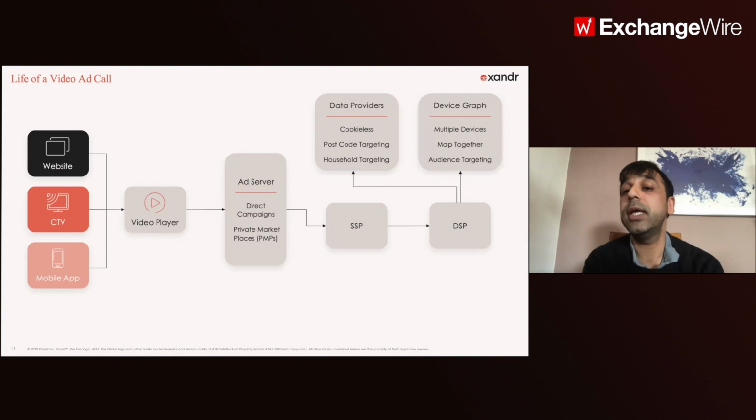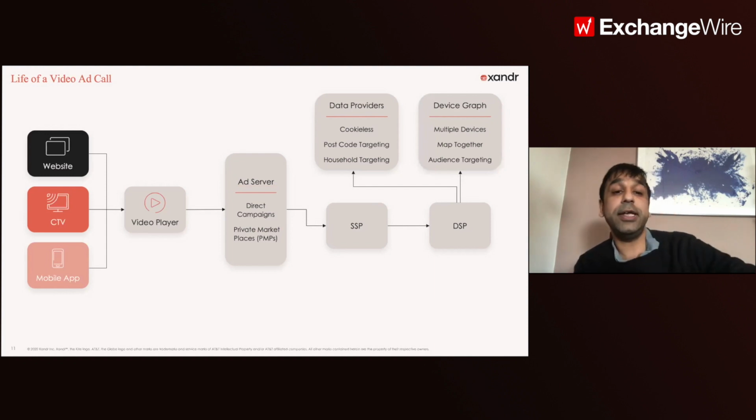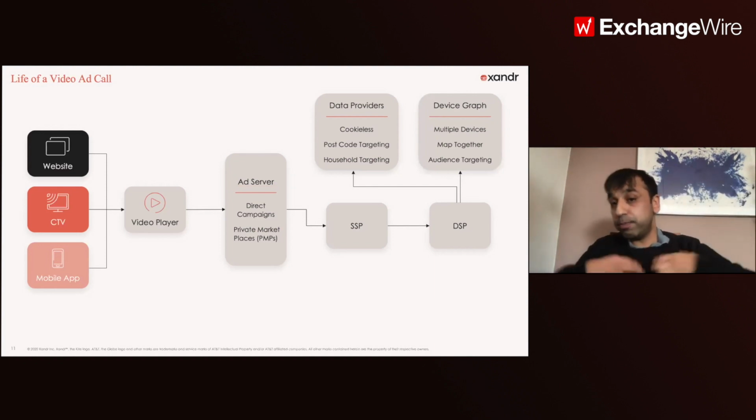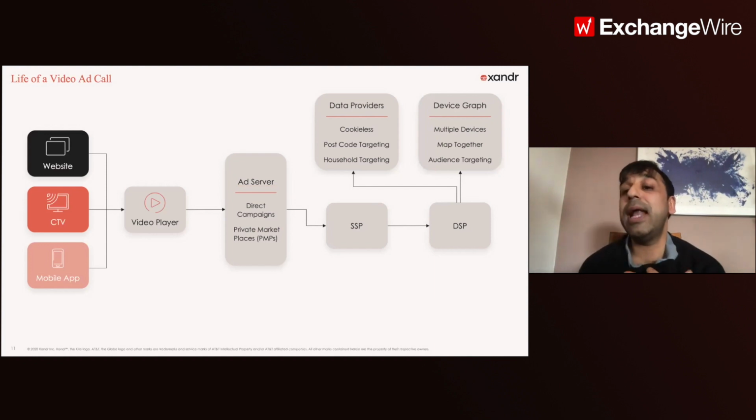What a device graph does is it's responsible for stitching together all of those different identifiers and linking them back to me as a user, as an individual. That allows the advertiser to have holistic frequency capping across all of my devices, and also to do things like holistic conversion attribution and holistic targeting.